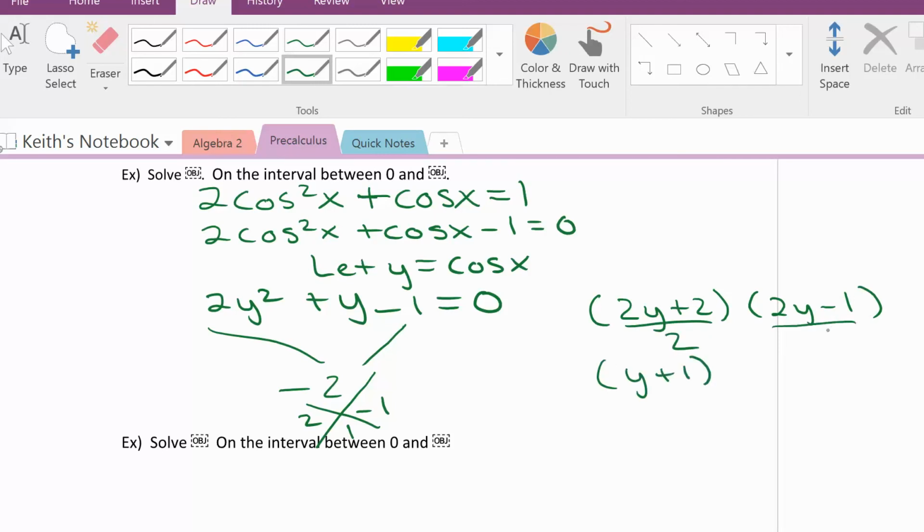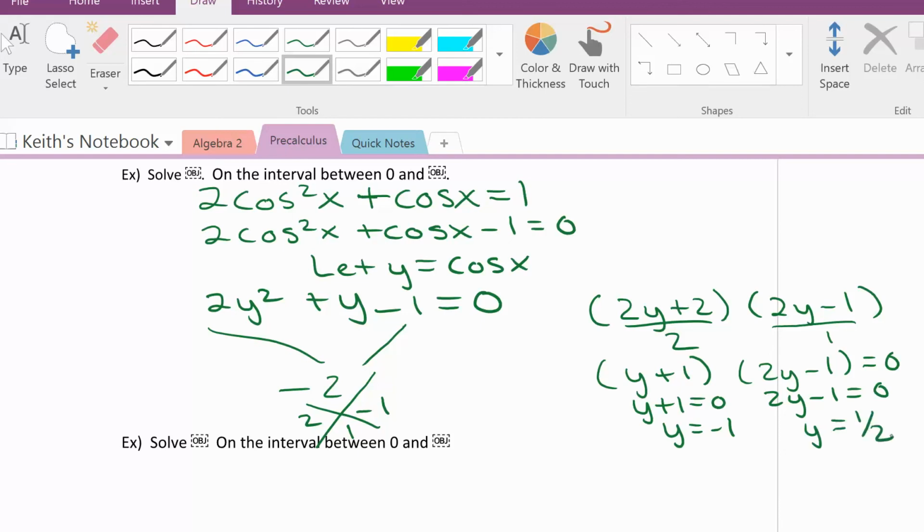The common factor here is just 1, so it's going to stay 2y minus 1. And you solve this. So y plus 1 equals 0, 2y minus 1 equals 0, y equals negative 1, and in this case, y is going to equal 1/2. So y is the cosine, so cosine x equals negative 1, cosine x equals 1/2.